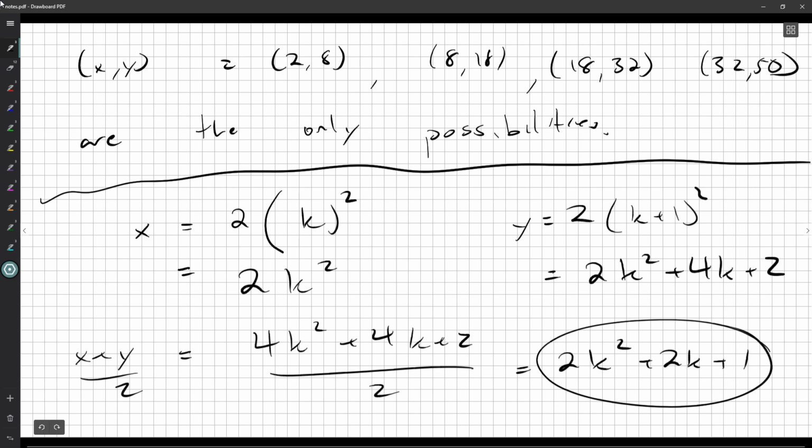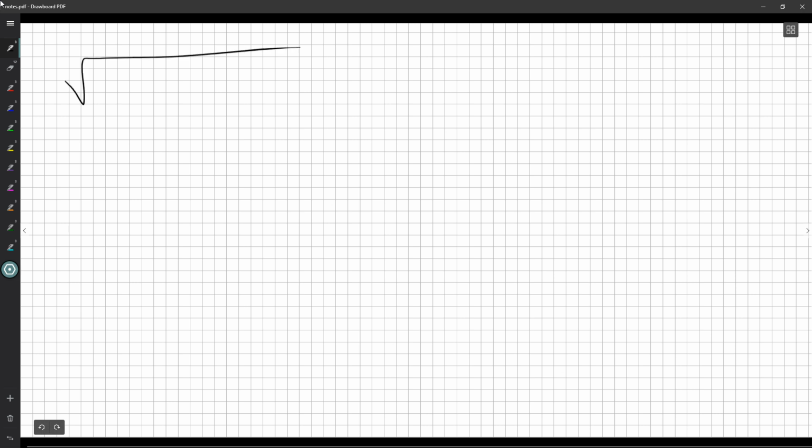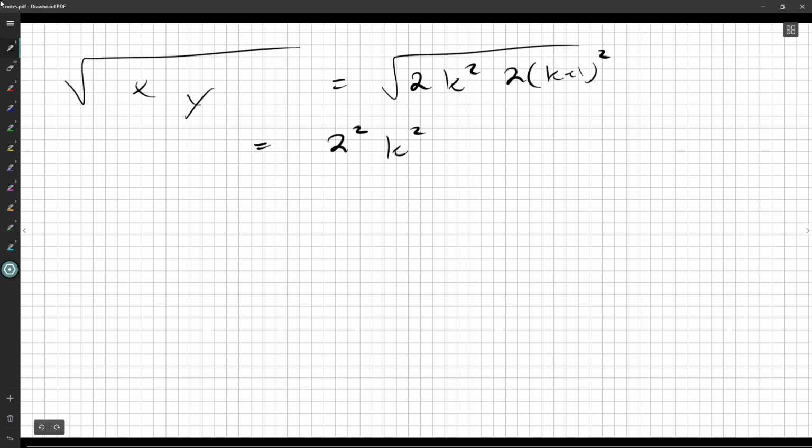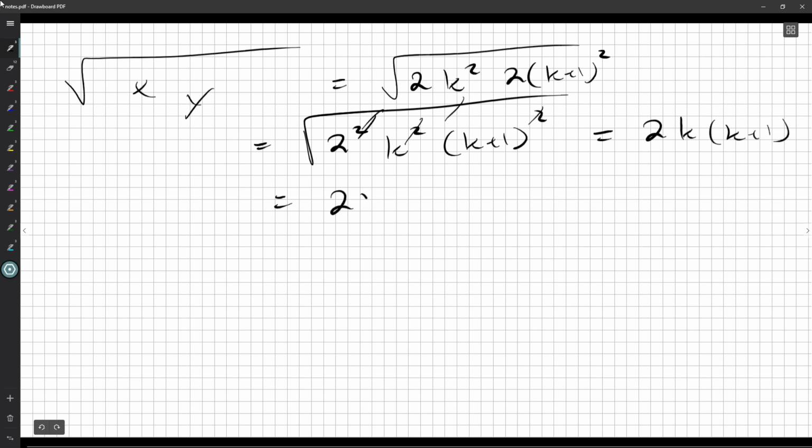And then we should get 2k squared plus 2k for our geometric mean. Let's check that out. So 2k squared, 2k plus 1 squared. So the 2's become a 2 squared. And like in the A part, the squares and the square roots can cancel out. So 2k times k plus 1, and that is 2k squared plus 2k, which is 1 less.